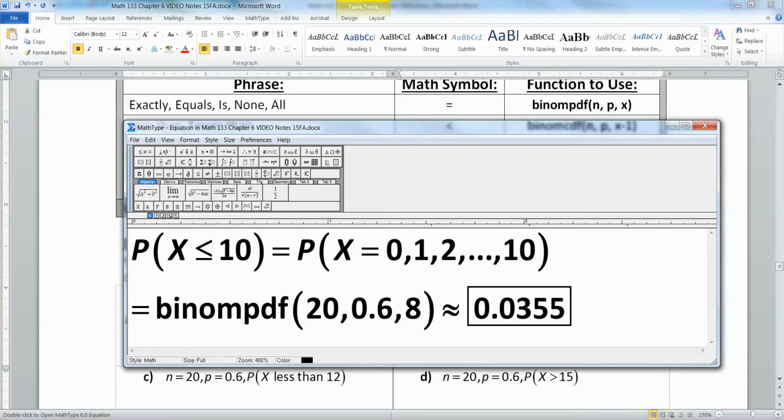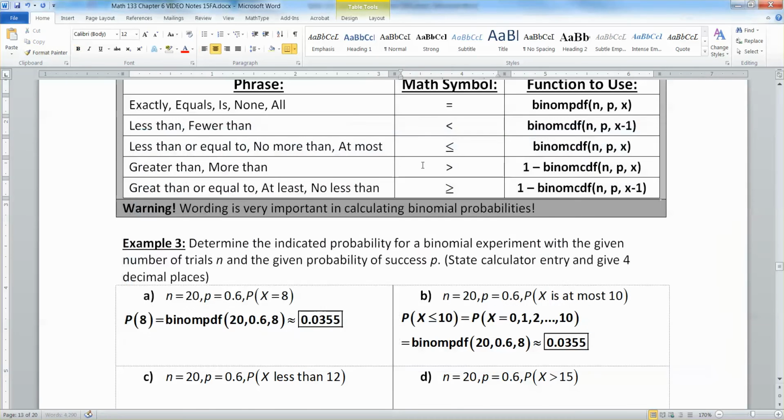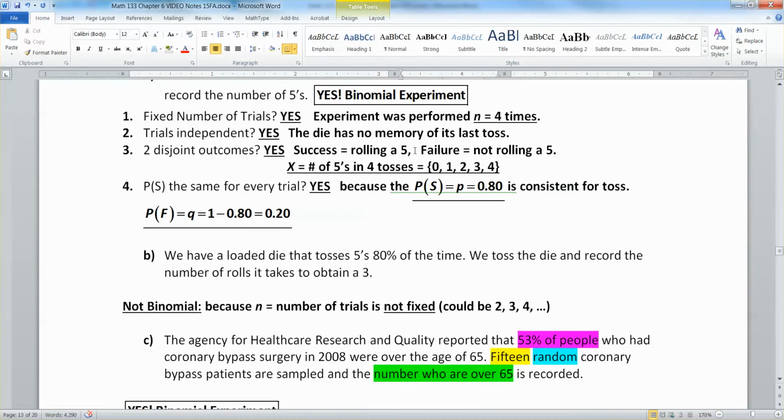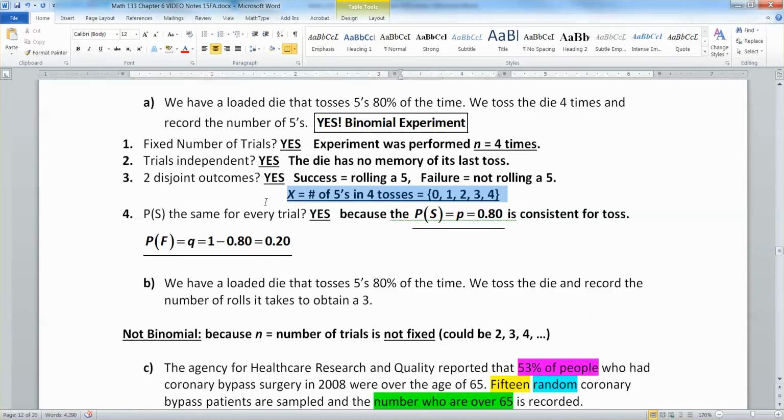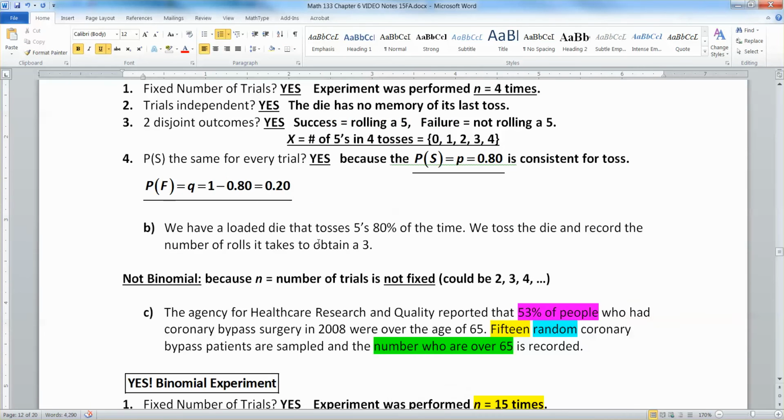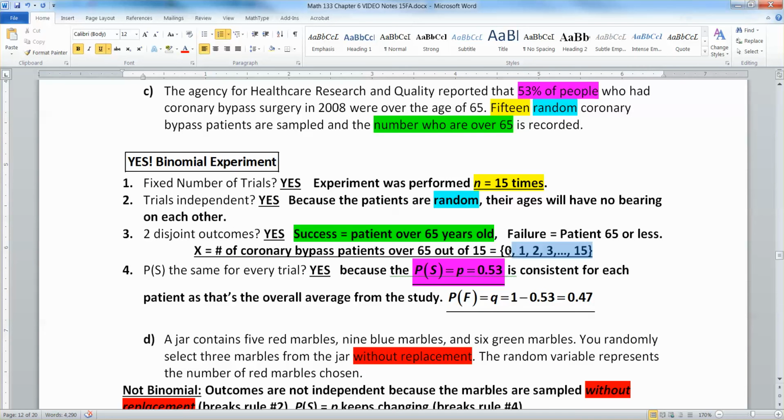Because all these binomial distributions always start at 0 at the bottom end. If you recall from a page ago, remember how x can be from 0 all the way up to the number you're given, right? So in this case, 15 for the coronary bypass ones, right?